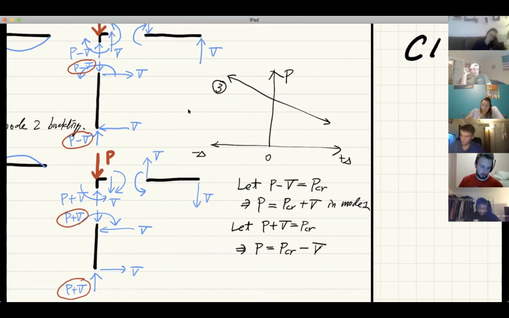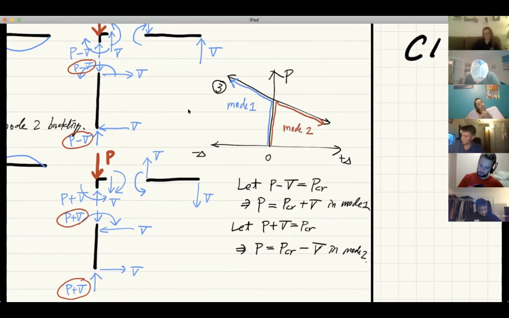So that's why in mode 2, we have this. Mode 2 is going to go up and then go down like this. And mode 1 is going to go up and then keep going up like this. So this is mode 1 and the other one is mode 2. Mode 1 here and mode 2 here.